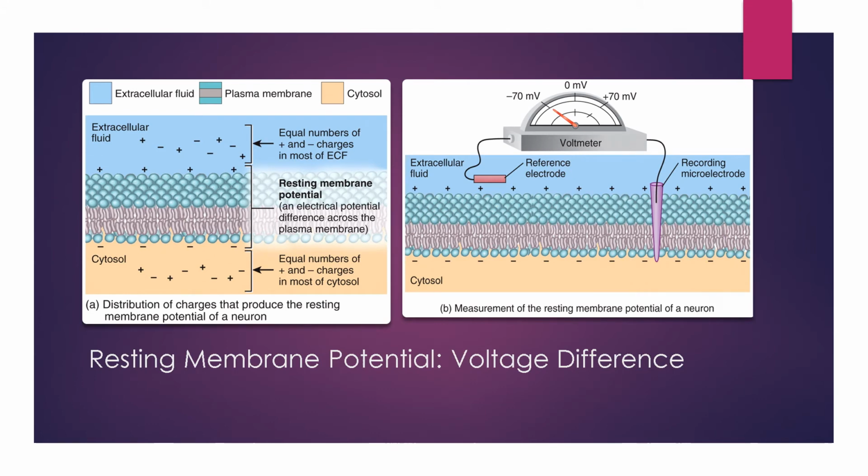Now the resting membrane potential can be measured by putting the tip of a recording microelectrode inside the cell and having a reference electrode just placed outside the cell within the extracellular fluid.